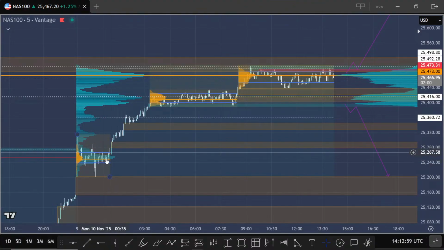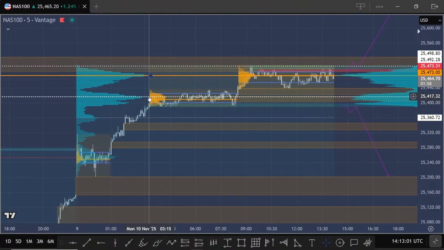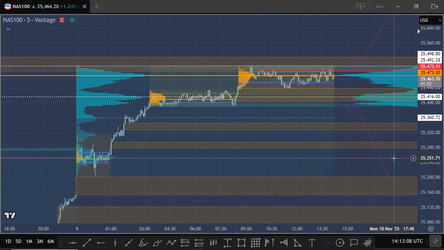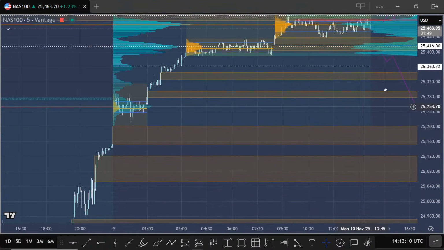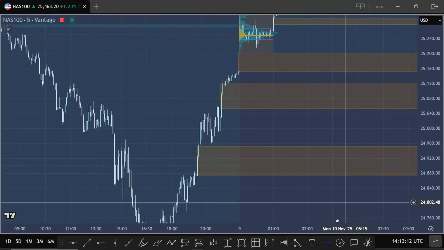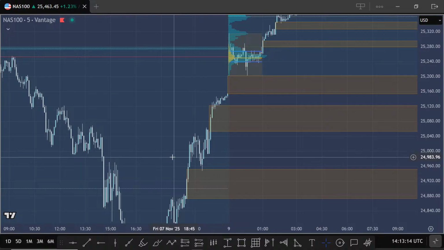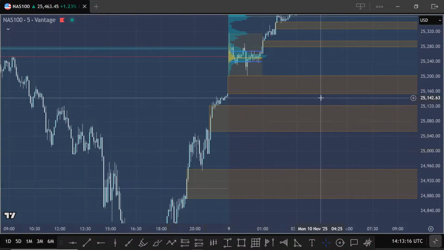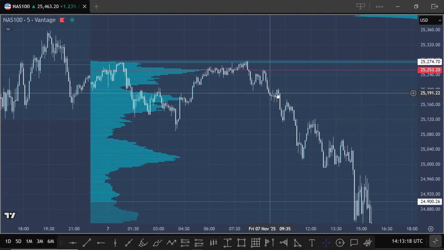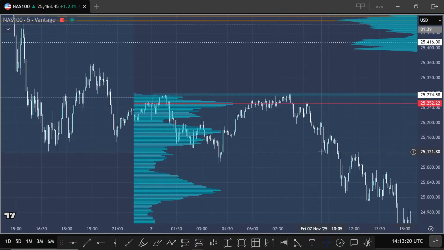Right, compression, move, compression, move, compression. I mean, the move Friday evening was big, after dumping all morning.